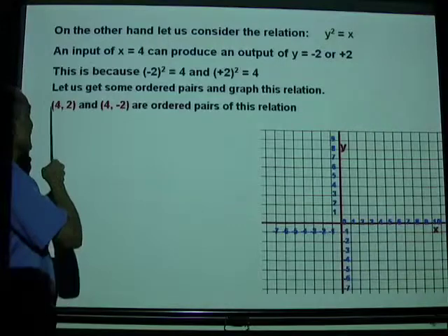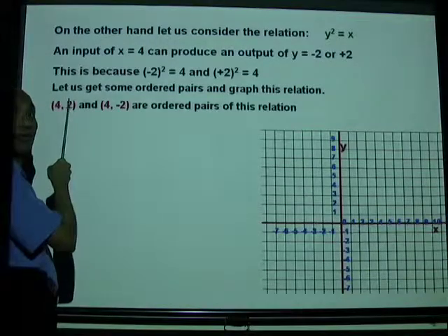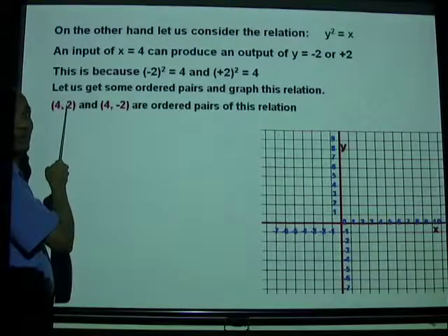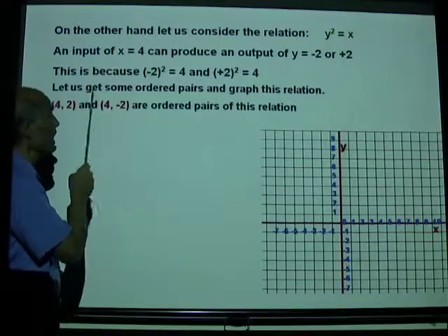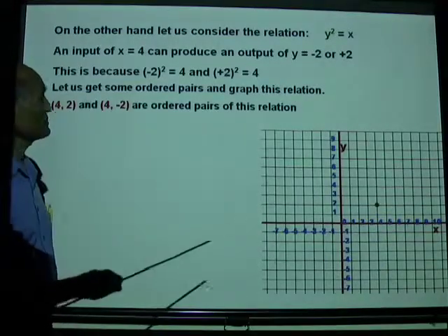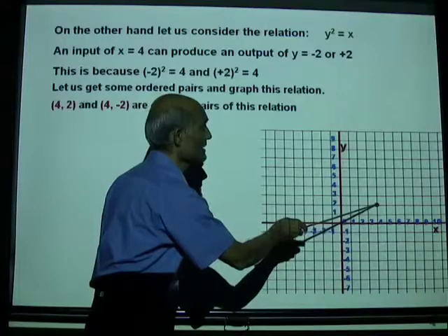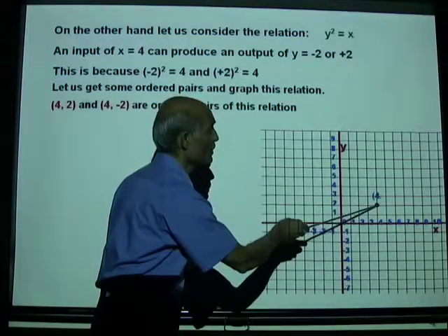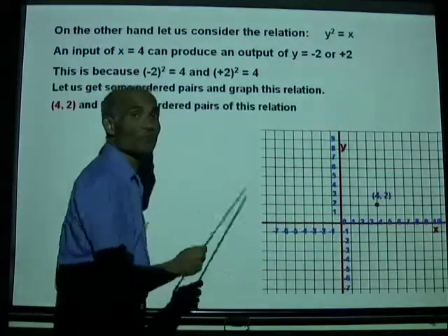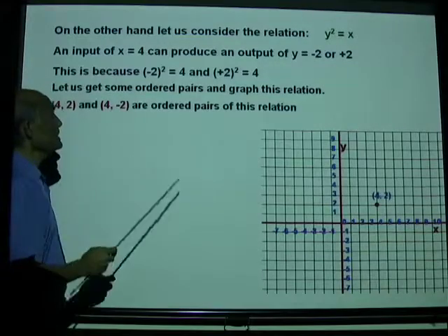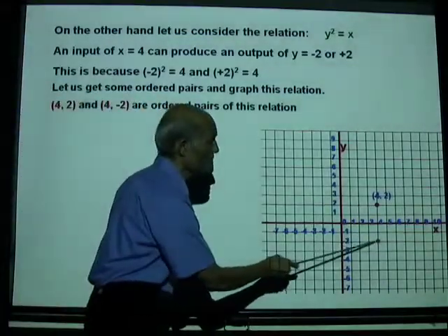Is that right? An input of x equals 4 gives you an output of 2, and also an output of -2. Let's mark those ordered pairs. This is x equals 4, y equals 2. And the second ordered pair is 4, -2. There you are.